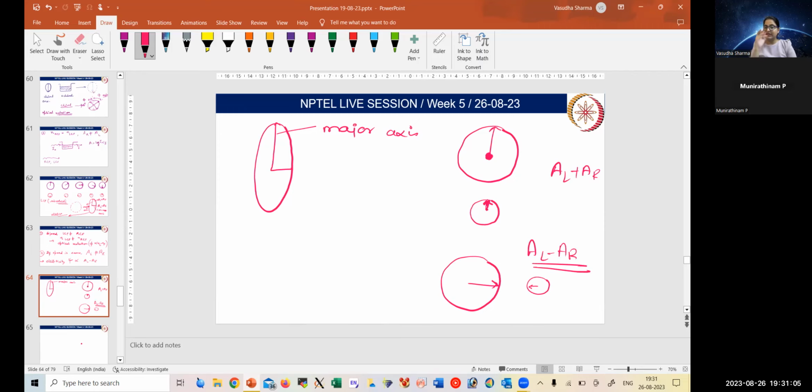Do not get confused with the signs and the notations that we are giving. You're understanding my point? L is getting more absorbed, that's why its value is less. So when we are subtracting, the absorbance value of L would be X, which is greater than Y, the absorbance of R. So X is greater than Y, so L has to subtract the R value. Is that clear? And this is your minor axis.